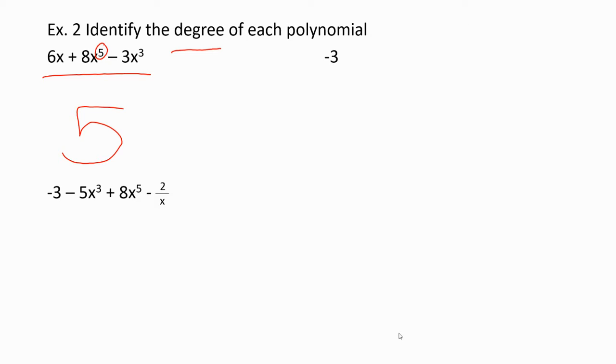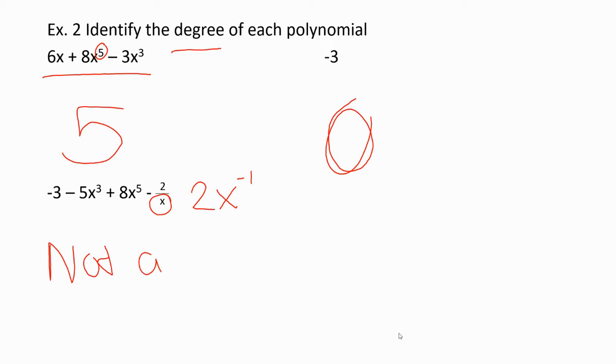So that means that the exponent of the variable, since it's not there, has to be 0. So when it's just a constant, the degree of the polynomial is 0. The last one, you should notice that your variable is in the denominator of a fraction. That means that that term is technically 2x to the negative first. Since that has a negative exponent, that is not a polynomial.